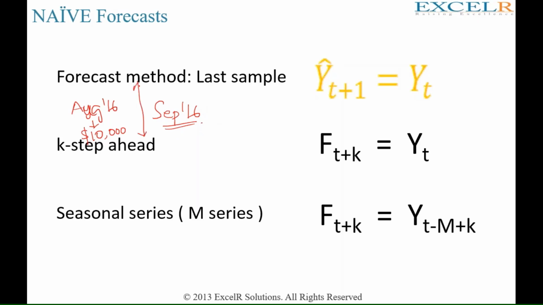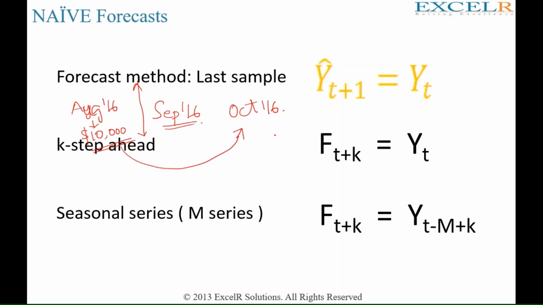Say I'm on the last day of August 2016. If someone asks what will be the sales for October 2016, once again the same thing. You'll check the last value that you have. Here it's $10,000.